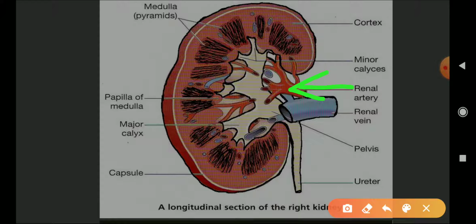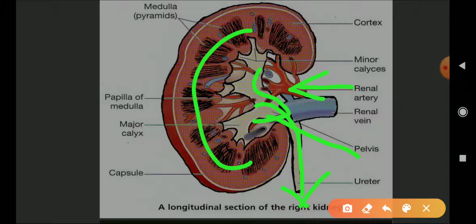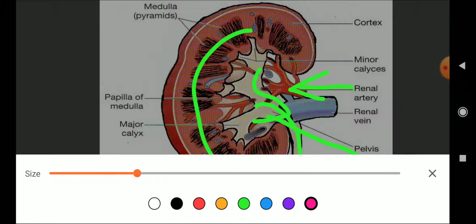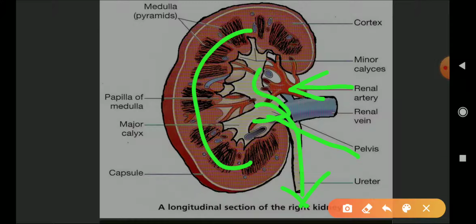It enters, the kidney filters the blood, and whatever filtrate is there is carried by the funnel-shaped renal pelvis, which carries the urine into the ureter, while the blood which is purified by removal of nitrogenous waste materials is brought back to the renal vein, and the renal vein will combine with the inferior vena cava and then it is supplied to the heart. So this is what the structure looks like.